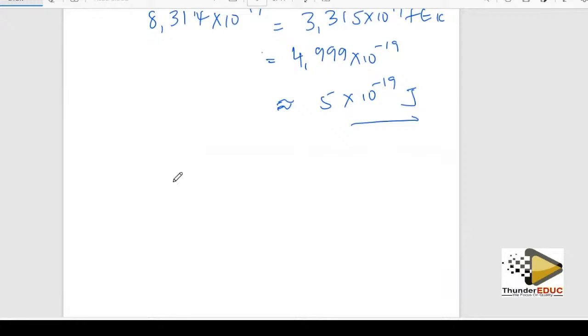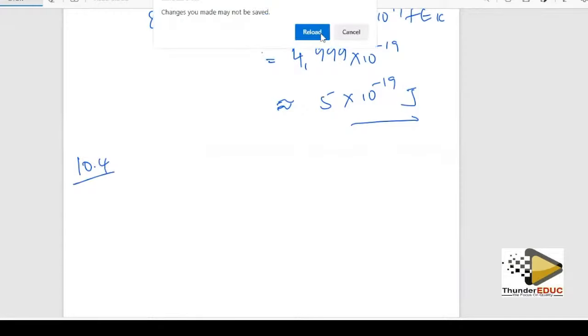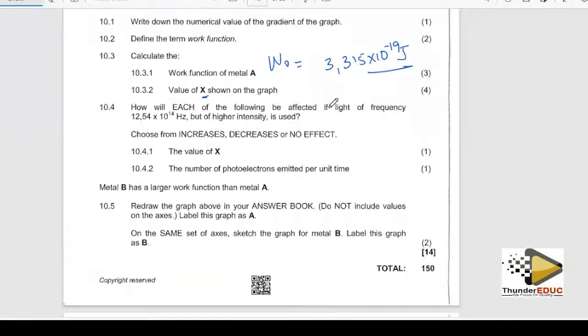Which is going to be 10.4. Okay, so 10.4: how will each of the following be affected if the light of frequency 12.54 times 10 to the 14 hertz is of a higher intensity?